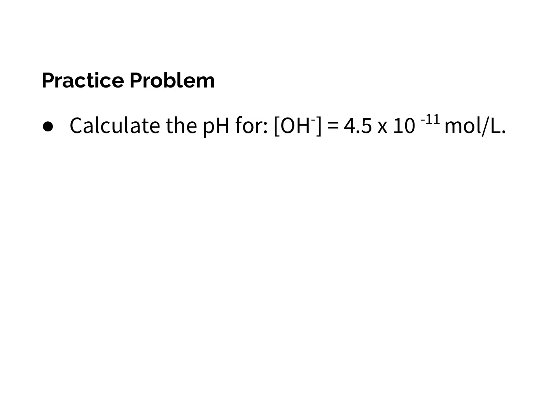All right, now we're going to calculate the pH when the concentration of hydroxide is 4.5 times 10 to the negative 11. Again, since you're given hydroxide, we're going to find the pOH first. So we're going to take minus log of the concentration of OH, so 4.5 times 10 to the minus 11th.